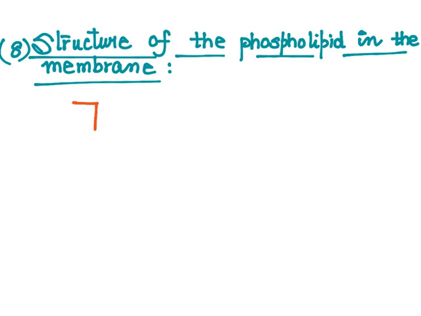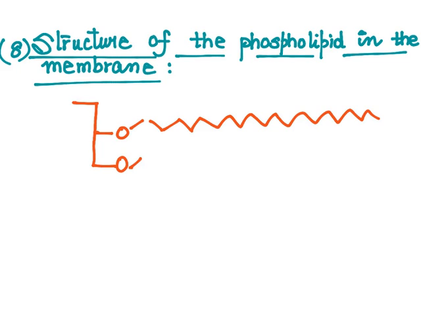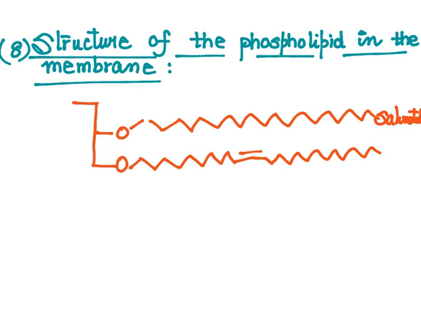So we'll start with the very first glycerol molecule. And along with the glycerol molecule, we have a fatty acid chain. Now, as you can see, one of the fatty acid chains is saturated and the other one is unsaturated. And the reason for this being unsaturated is the double bond here.